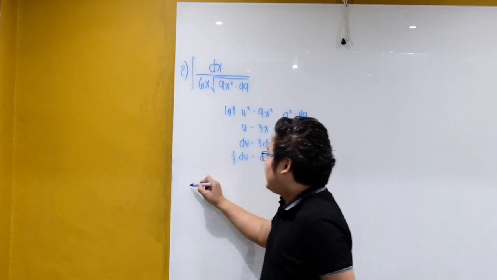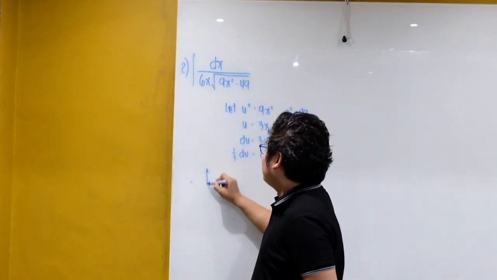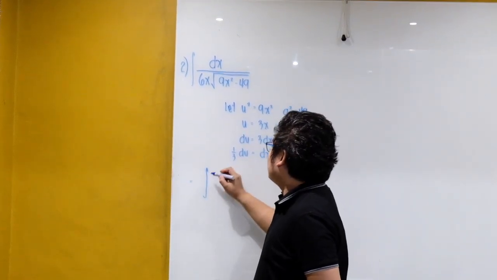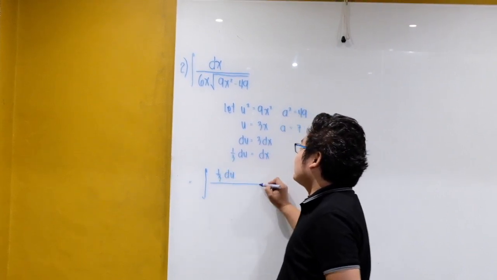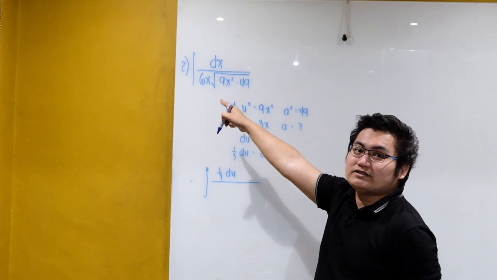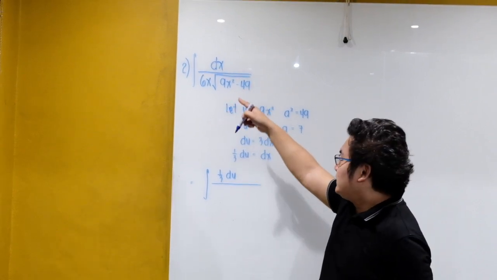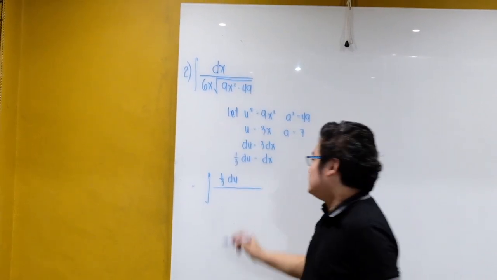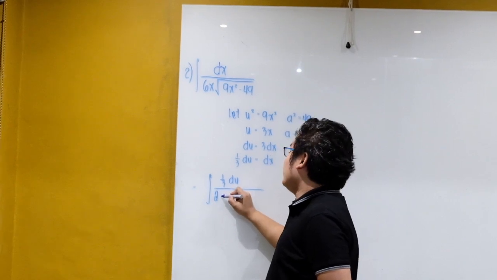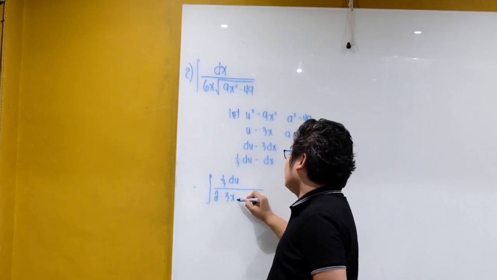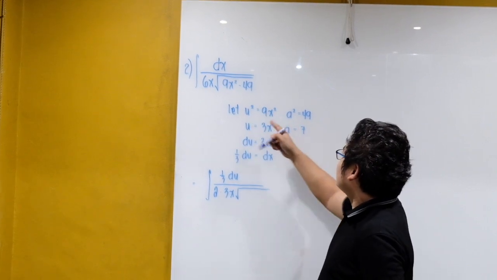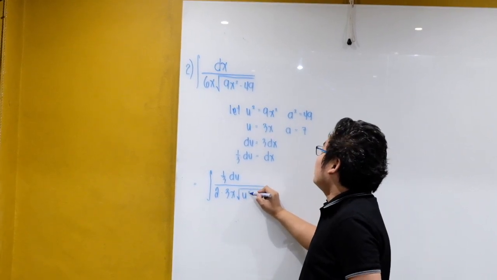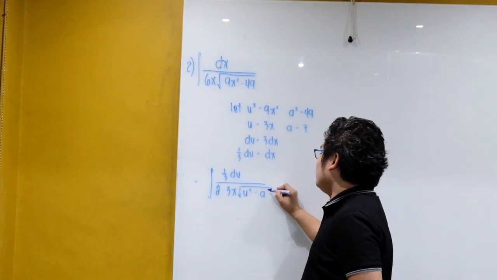So our integral now is equal to the integral of 1/3 du over, since 6x is divisible by 3, we factor out 2. 2 multiplied by 3x multiplied by the square root of 9x squared, which is u squared minus a squared.